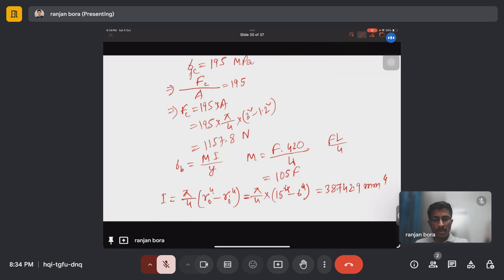Now if we use this expression, sigma b is M y by I, from here what we can find out? We can find out M. M will be sigma b into I divided by y.